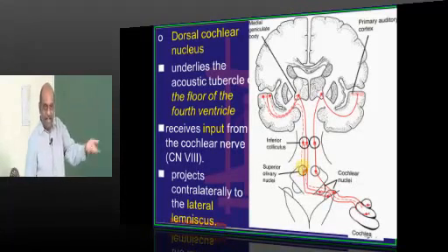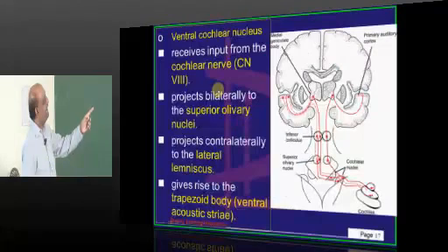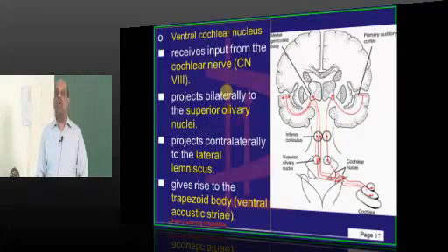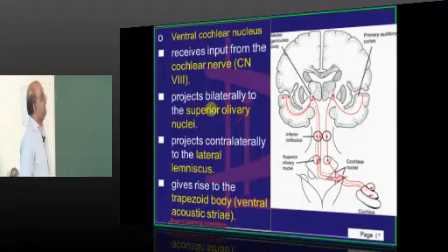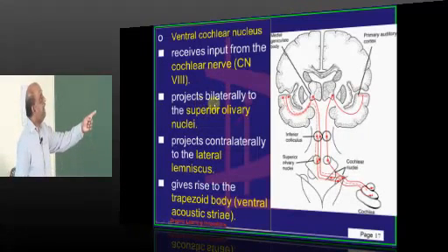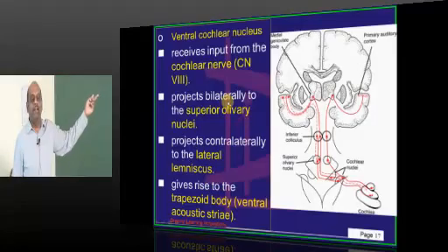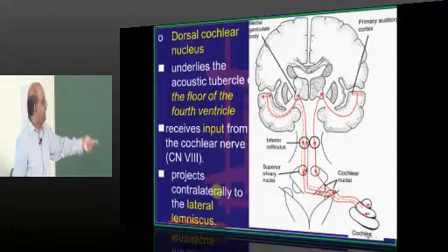Then quickly tell what is the difference to the ventral cochlear nuclei before we forget. The ventral cochlear nucleus also receives the input from the cochlear nerve, but where does it project?